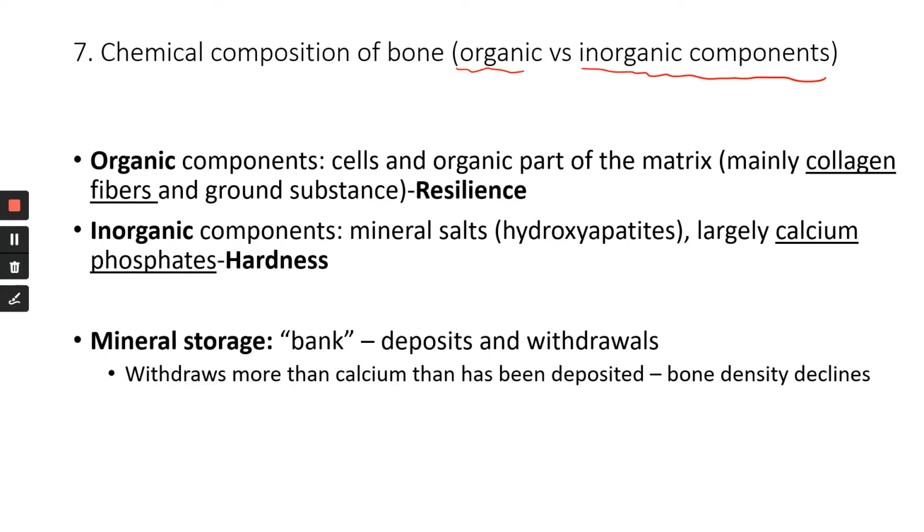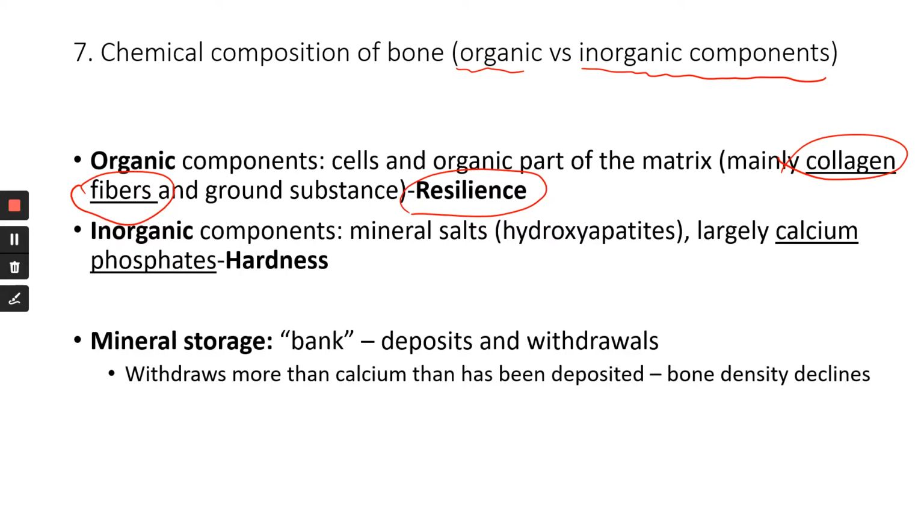But the main thing that you need to remember is the collagen fibers in the bone matrix. Okay, so the collagen fibers are protein fibers. They can be pretty big relative to other protein fibers. So they provide really good resistance or resilience. So it makes the bone more flexible and resilient. Okay, so that's protein or collagen fibers in terms of organic components.